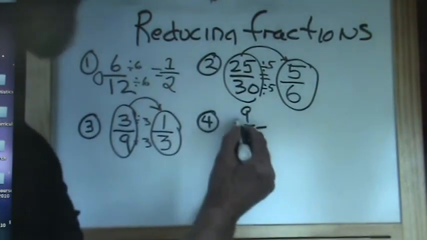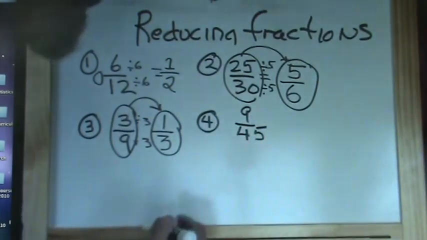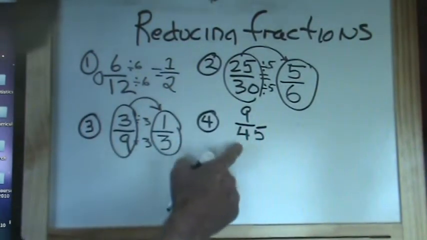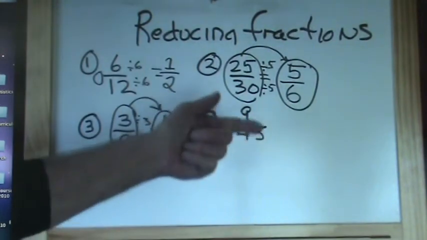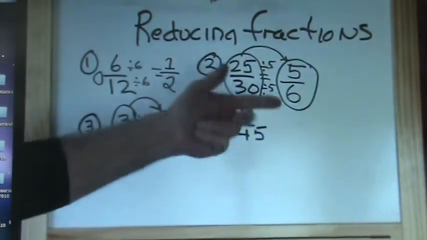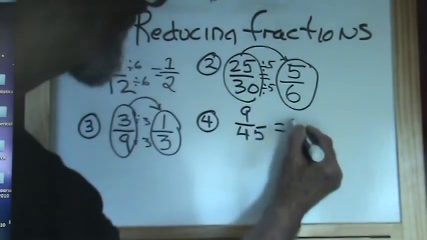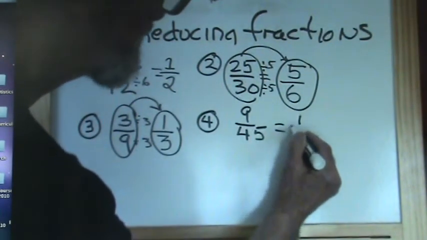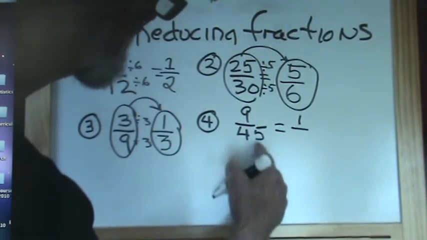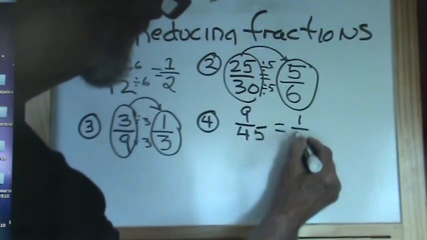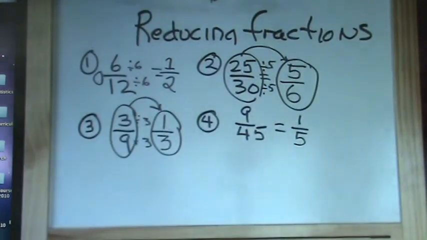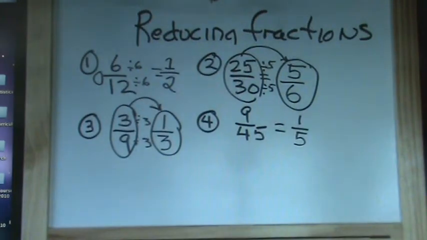Well, I know 9 can go into 9 one time, and I do know 9 can go into 45 because 5, 10, 15, 20, 25, 30, 35, 40, 45, it goes 5 times. So 9 goes into 9 one time, 9 goes into 45 5 times. So 9/45 is equal to 1/5.